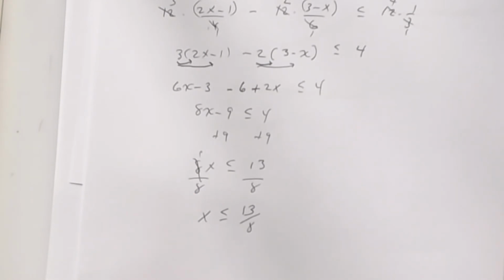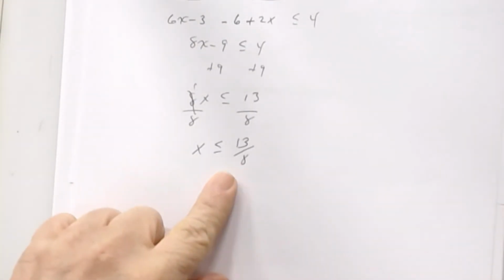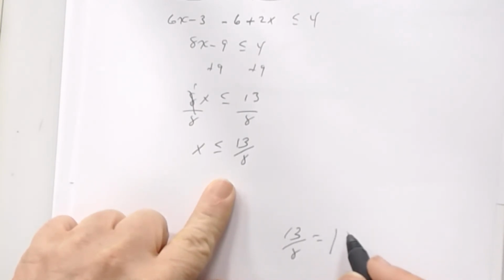So some of you, if you leave it as an improper fraction and you try and think, well, where is it located on the number line, you may have an issue. So what you may want to do is think about what this improper fraction is as a mixed number. So it's 1 and 5/8. Okay?